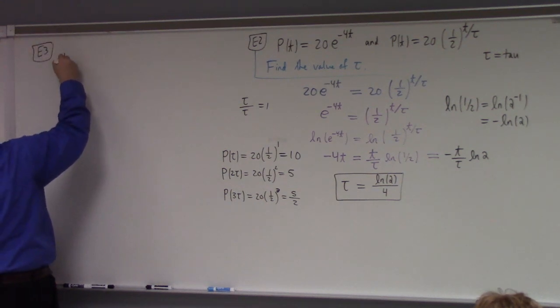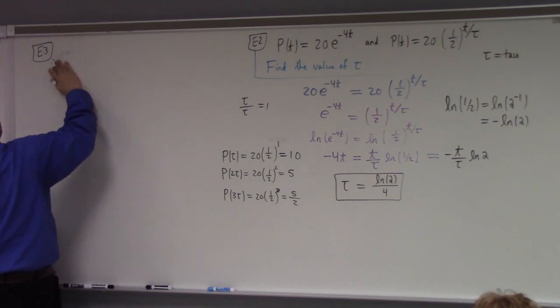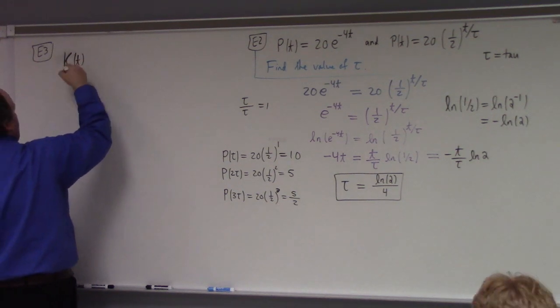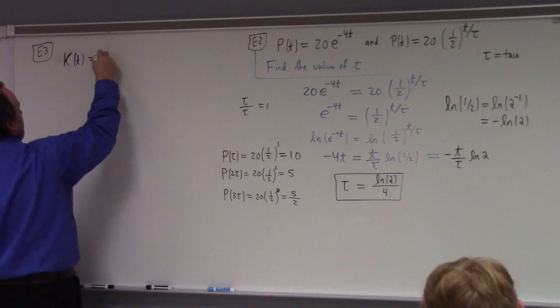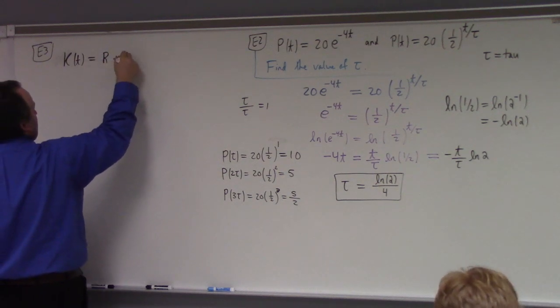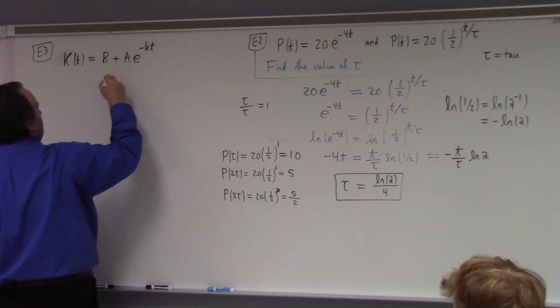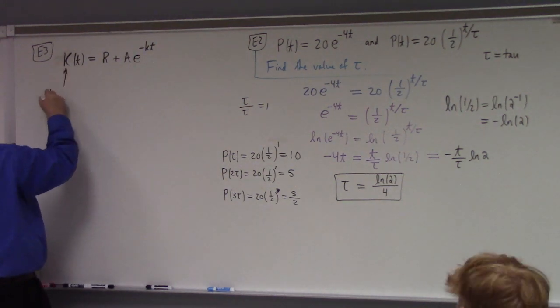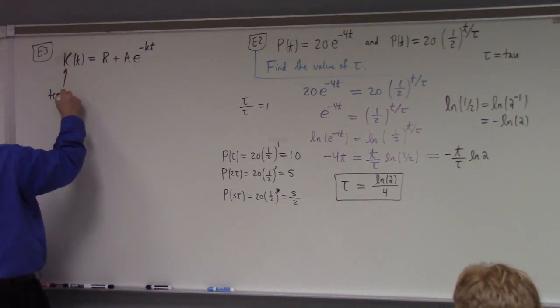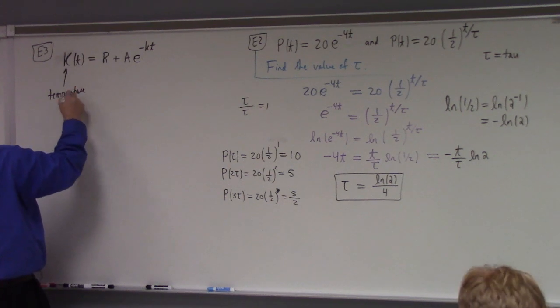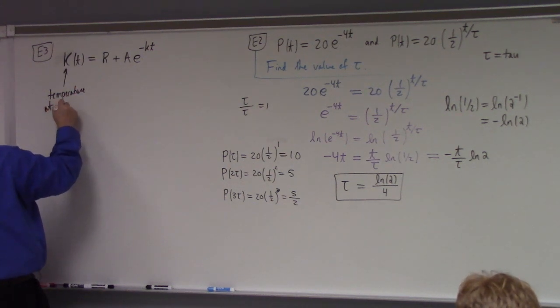The temperature at time t, K, is equal to R plus A e to the minus lowercase kt. Here, this is the temperature at time t.